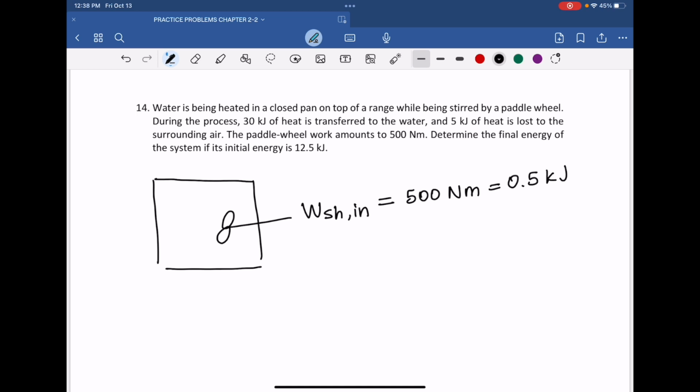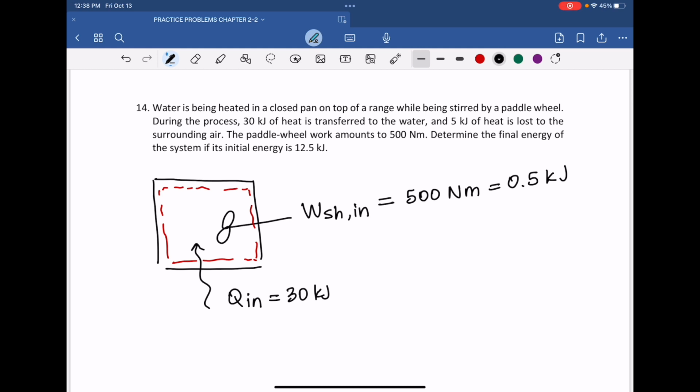Now, another information about the energy interactions is 30 kilojoule of heat is transferred to the water. So heat is getting in, crossing the boundaries, 30 kilojoule. I just had to make sure all of them are in the units of kilojoules so we don't make a mistake.